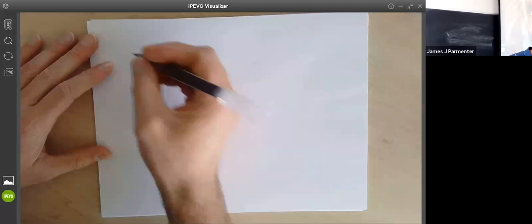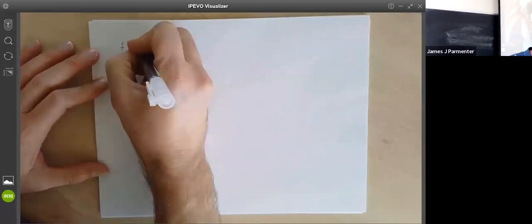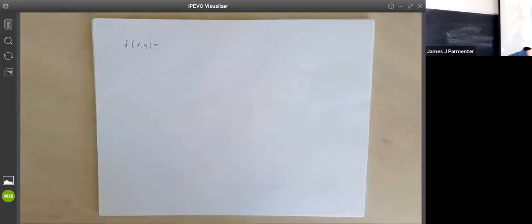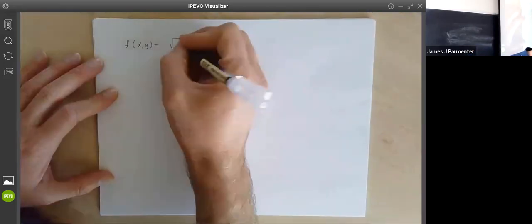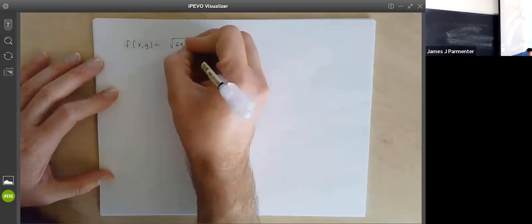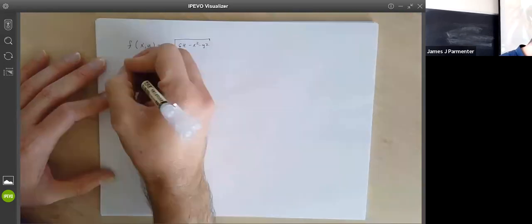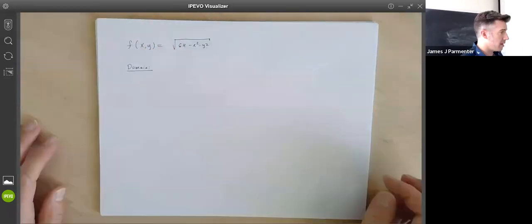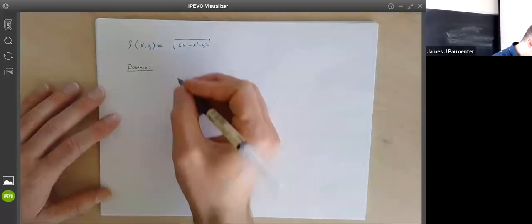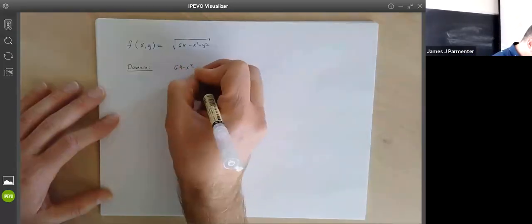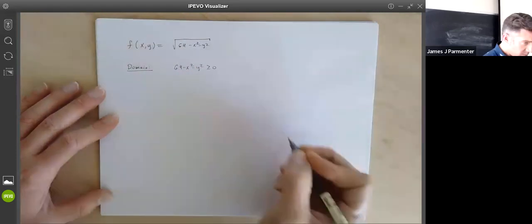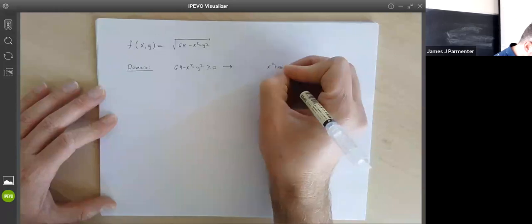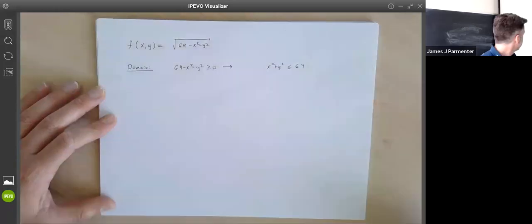So let's say I'm going to give you two different functions, and both of these are not terrible, I think. Let's say the square root of 64 minus x squared minus y squared. And we specifically just want to talk about the domain for a second. So here for the domain, we need that stuff in the square root to be greater than or equal to 0, which is going to end up translating to x squared plus y squared being less than or equal to 64.